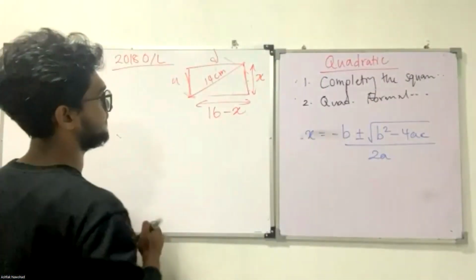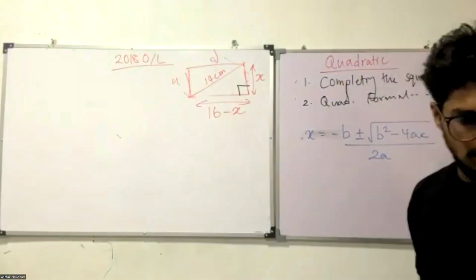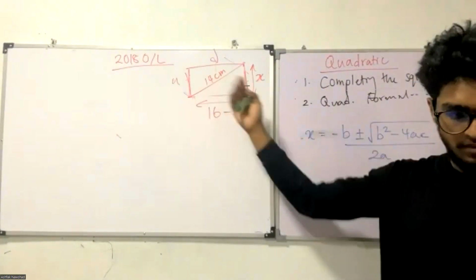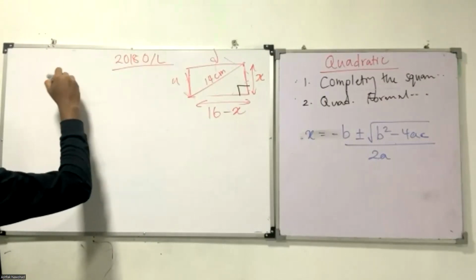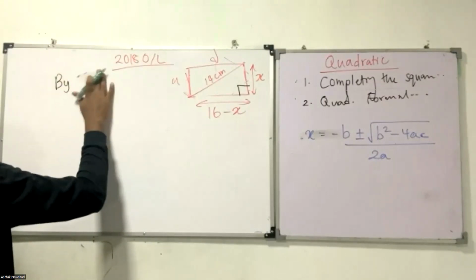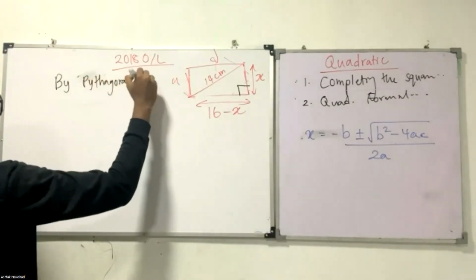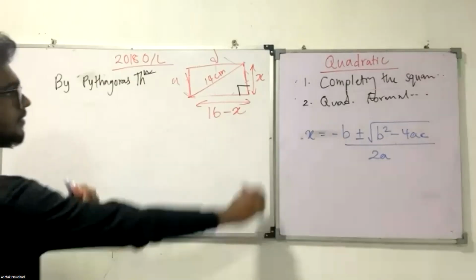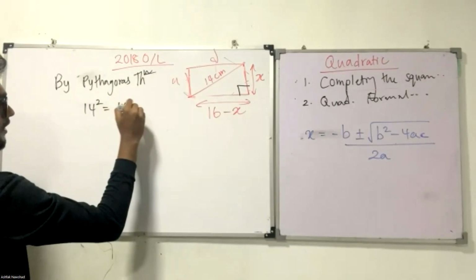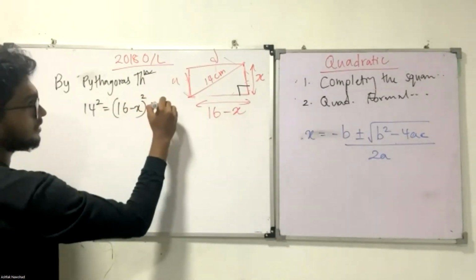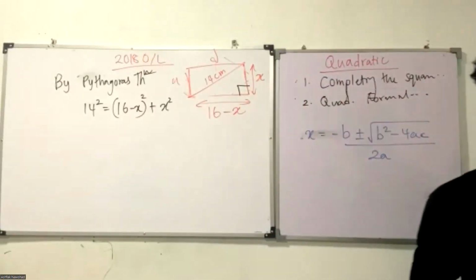Use the Pythagoras theorem. See, this is a right angle triangle. So this is the hypotenuse. We can use the Pythagoras theorem. According to the Pythagoras theorem, the square of the hypotenuse is equal to the sum of the squares of the remaining sides.